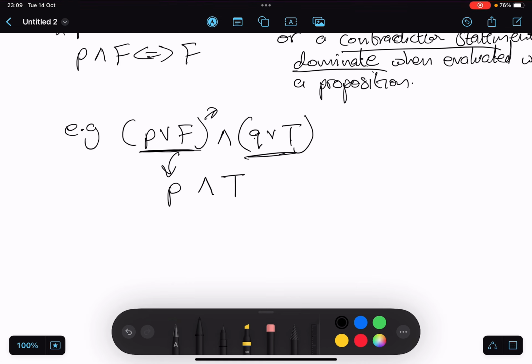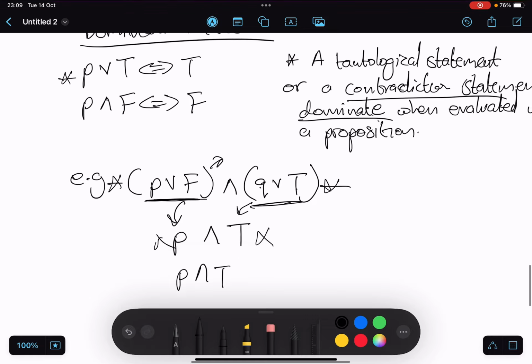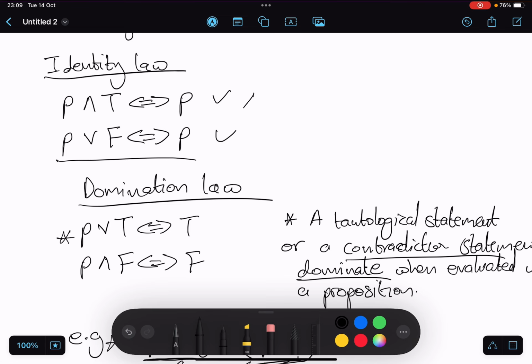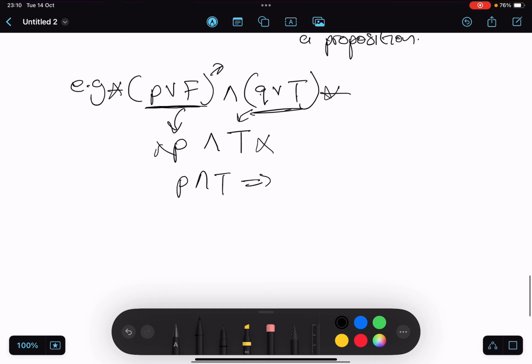Now we have simplified these compound statements, and we know that P and T is also an identity, which is logically equivalent to P. So instead of writing (P or F) and (Q or T), we can just write P, the proposition.